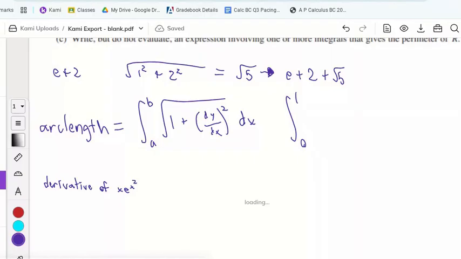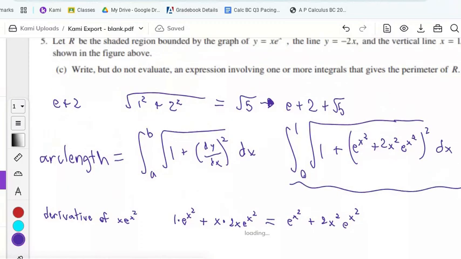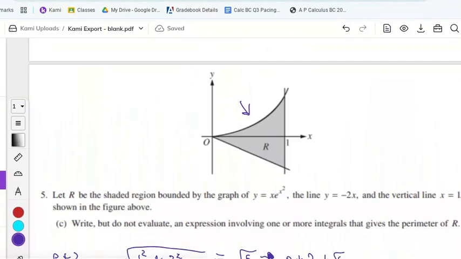To differentiate this, we should use the product rule. To simplify that, we get e to the x squared plus 2x squared e to the x squared. That is our derivative. Now we can plug it back into the integral we were making earlier. This integral right here will represent the arc length of the curve xe to the x squared.